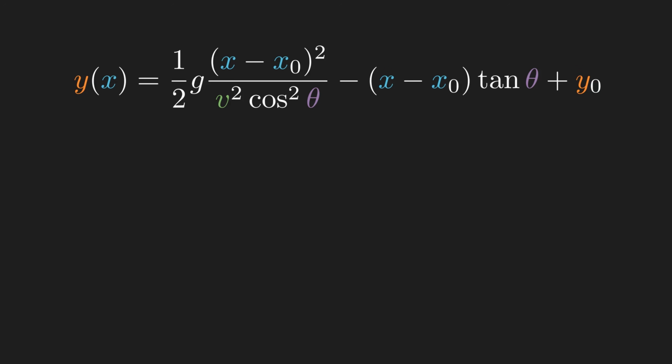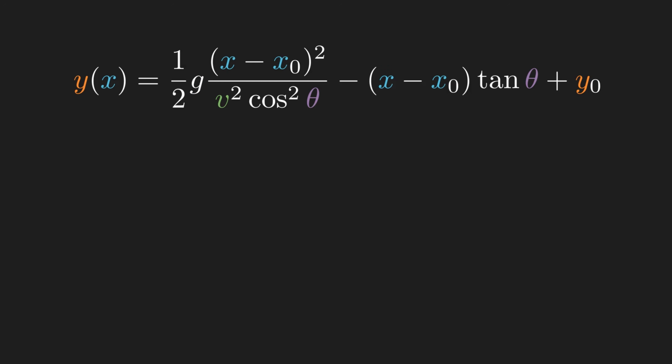Well, almost. Let's go through all the variables and have a quick check. x0 and y0 are the positions of our tank. That's what we spent the first part of the video finding. Theta is just the angle of the shot. It corresponds 1-to-1 with the one from the game. But what about g?